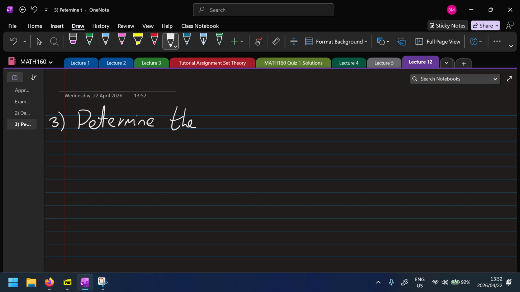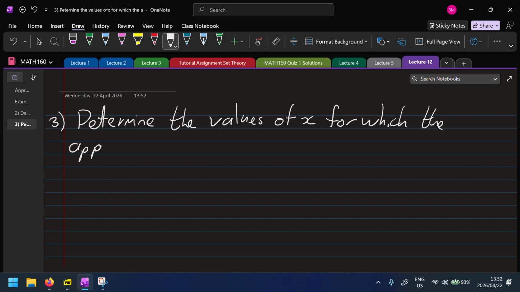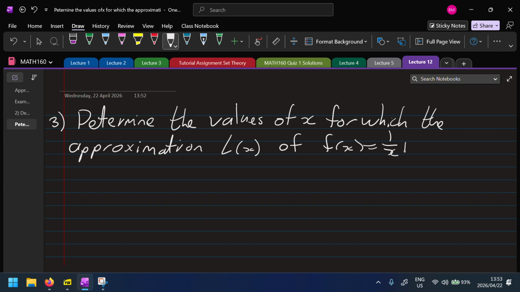Okay. Determine the values of x for which the approximation of f of x equals 1 over x plus 1 has an error less than 0.5.